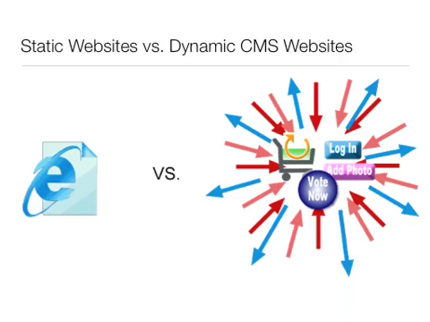Static versus dynamic websites. The static websites are a set of documents that are loaded onto a server and they exist. They don't do anything. Versus the dynamic website that we have installed on your system. It's a content management system and it interacts based upon the level of authority that you have given to a user.